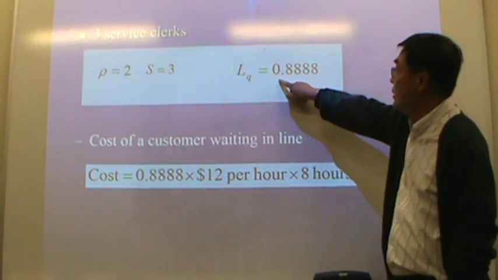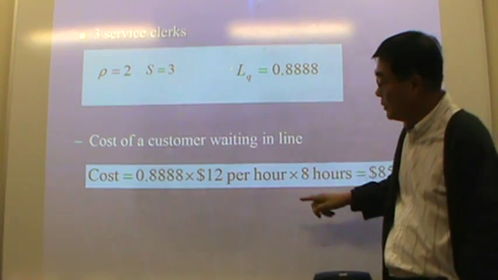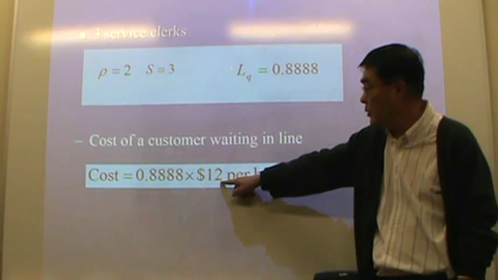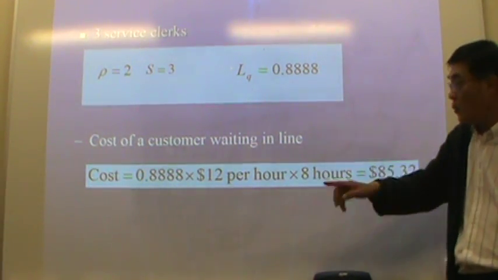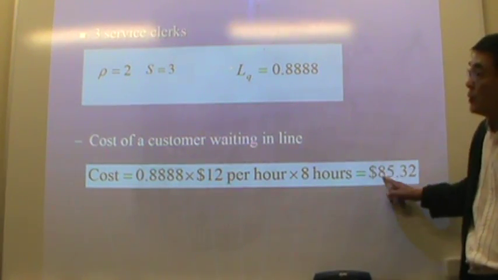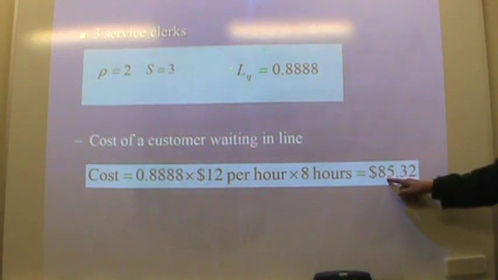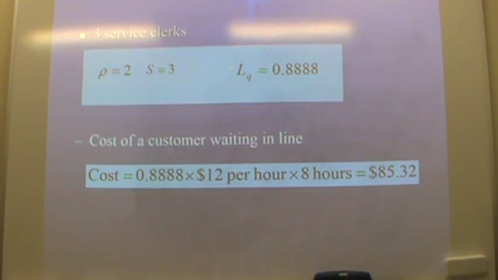On average, the queue size is 0.888. Then for 1 hour if they wait, $12. Then the store is open 8 hours. So total cost of customers in the waiting line is 85.32. That is the cost of customers waiting in line if 3 servers.